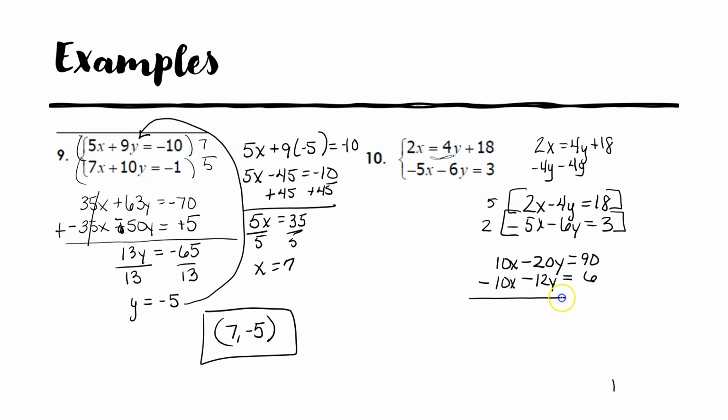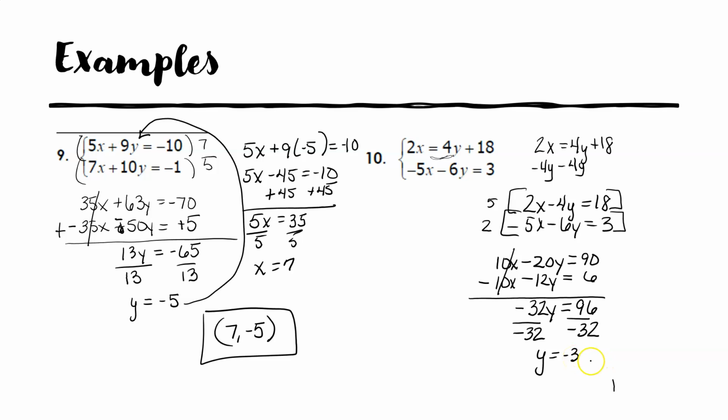Okay, x's are canceled. I have negative 32y equals 96. So if I divide by negative 32, I get y is negative 3.